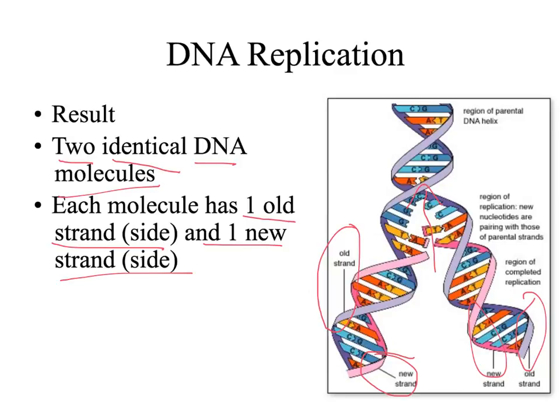It's called semi-conservative because we're keeping half of the old DNA in each one. So it's not completely conserved, but we're half conserving it. Okay, so hopefully you've learned some things about DNA replication, and we're about to go through those key questions now.